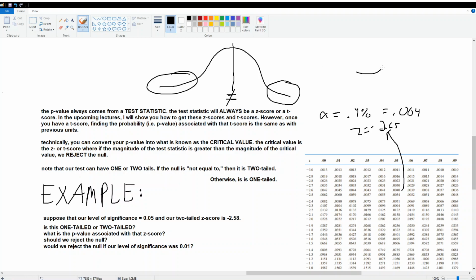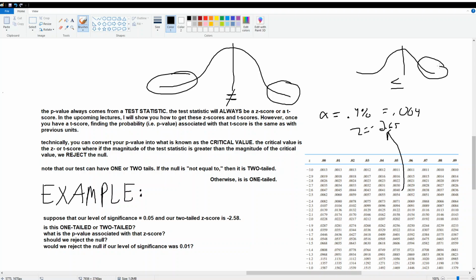On the other hand, if we're dealing with less than or equal to, then if we reject it, it's got to be over here, so it's one-tailed. Now you might ask, okay, that's nice. What's the point of that?